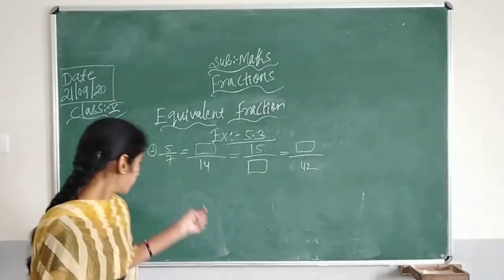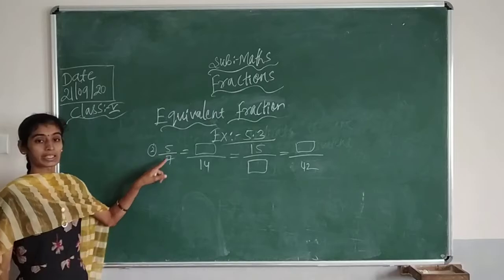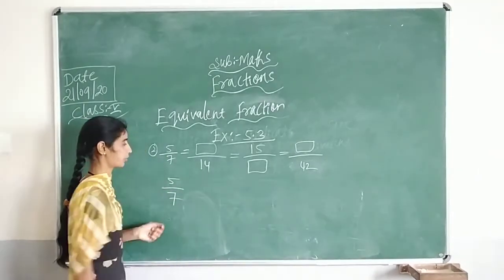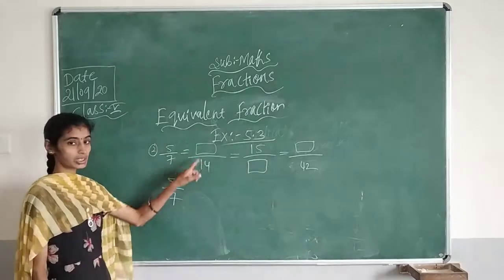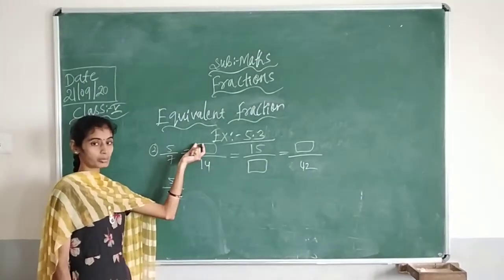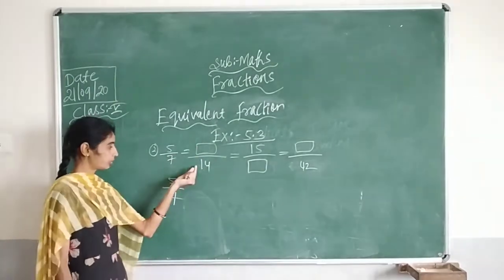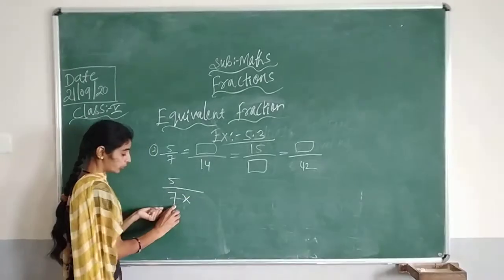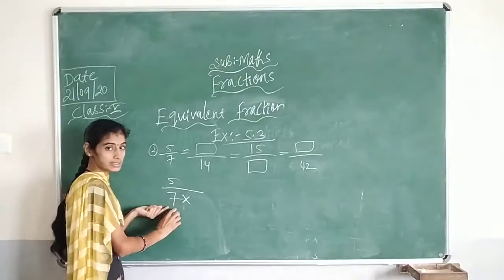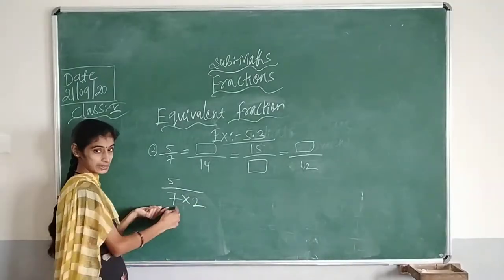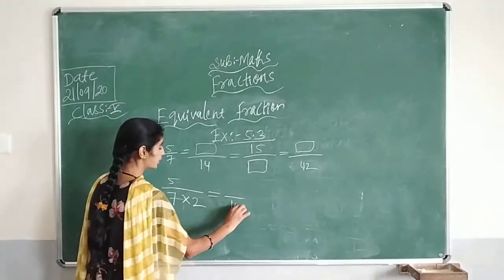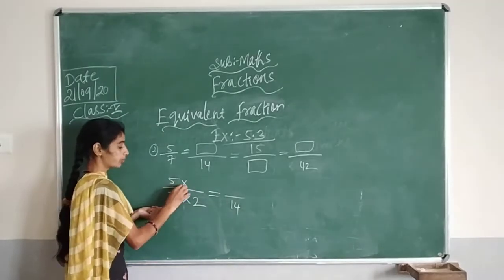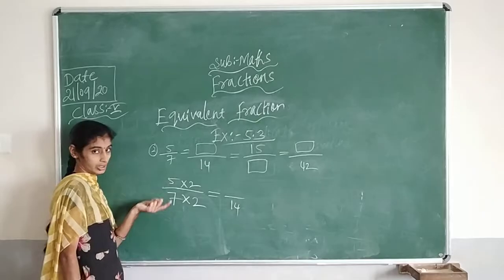So you all know what is the given fraction here? It is 5 by 7. So you have to take 5 by 7. So now you have to see the missing numerator. You have to see the denominator, already it is given 14. So now you all know when we multiply 7 with 2, you are going to get 14. So now we have got 14. So the same number we have to multiply with the numerator.